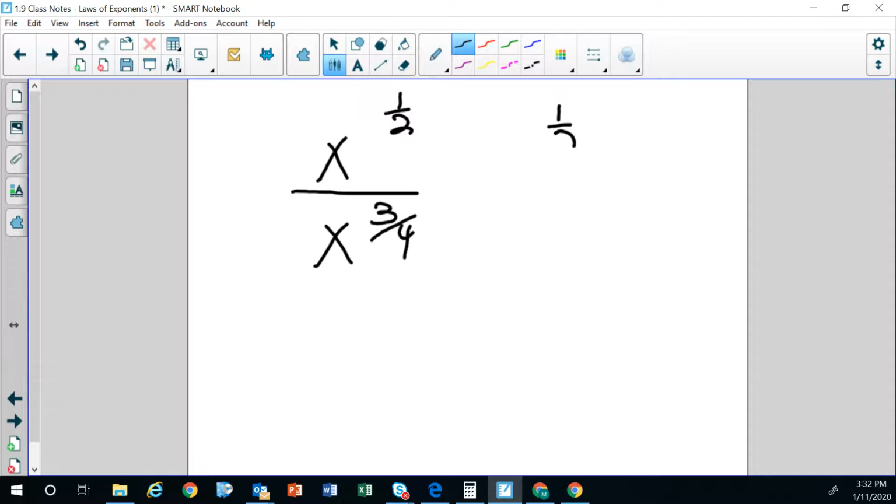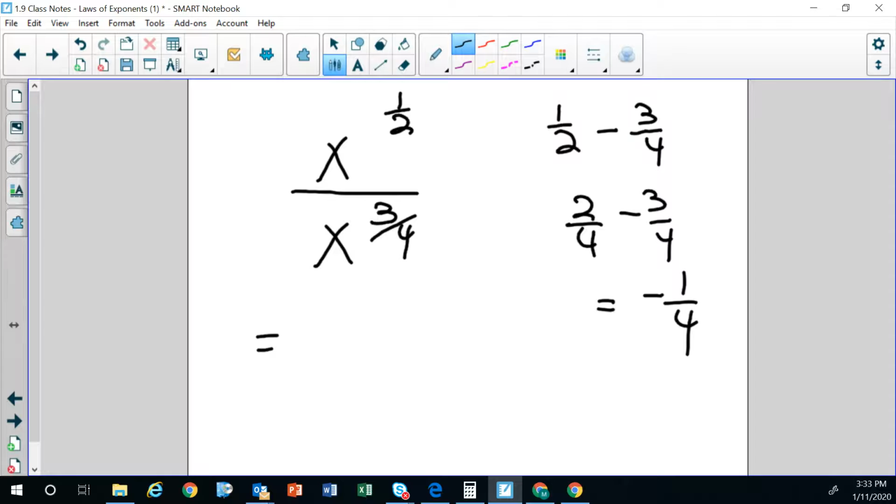So I'm going to have 1/2 minus 3/4, which is 2/4 minus 3/4. That gives me negative 1/4. So I would end up with 1 over x to the negative 1/4, and it goes in the bottom because 3/4 is the larger fraction.